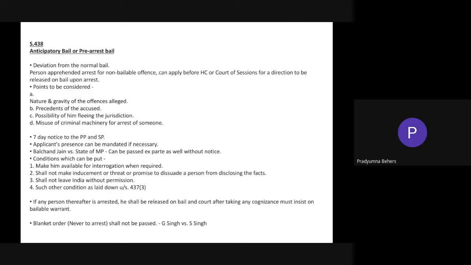Of course, if the accused does not turn up on the bailable warrant, then later the NBW can be resorted to. But the purpose of granting anticipatory bail by the higher court must be given due importance, and the magistrate taking cognizance must insist on bailable warrant.